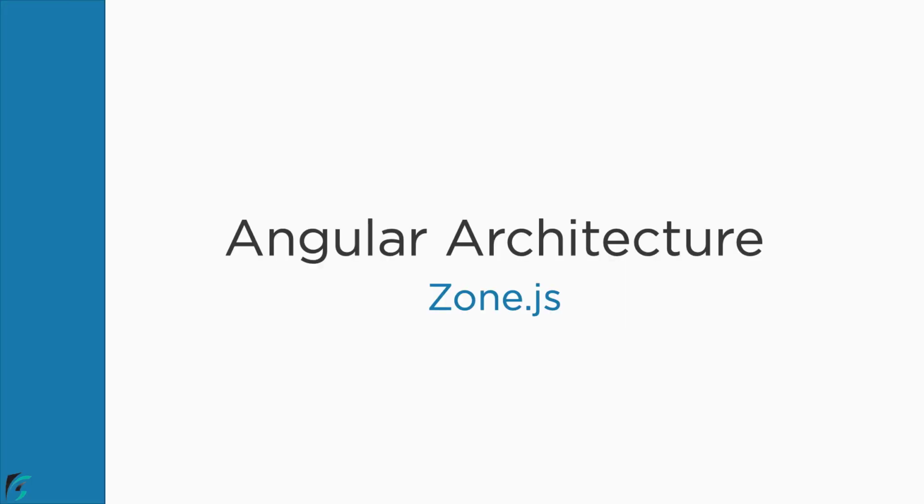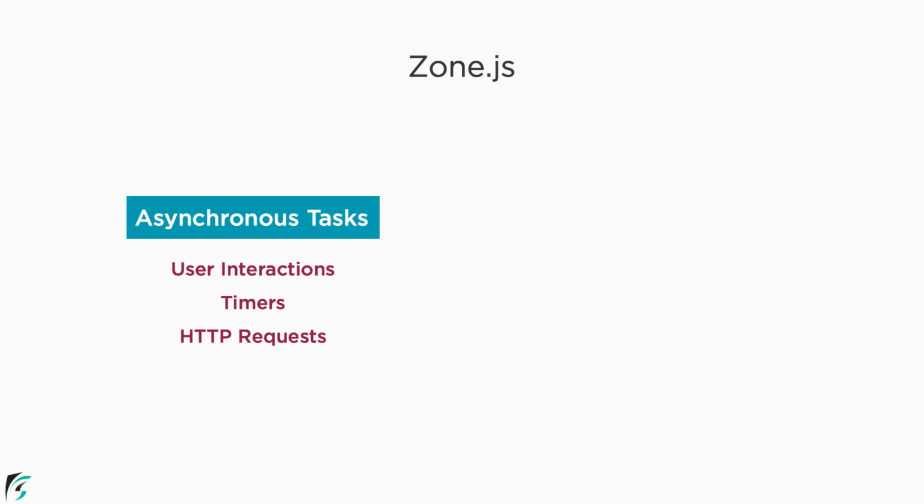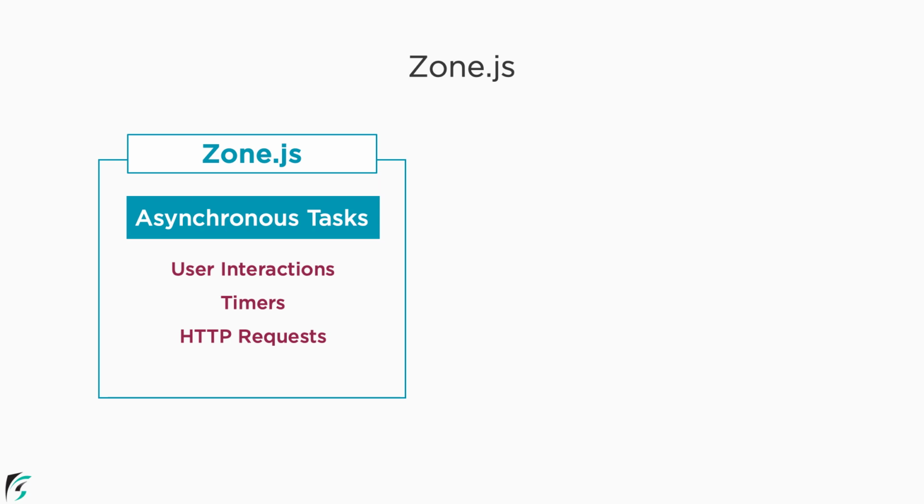Zone.js in Angular architecture. This is key to Angular's change detection. There are a number of asynchronous operations going on in the browser, such as user interaction, timers, HTTP requests, etc. Now the zone creates a wrapper around all the asynchronous operations and any other events that can cause a change in the state.